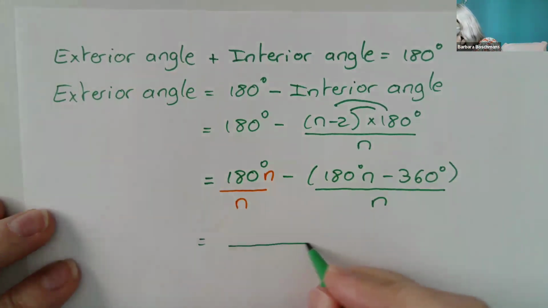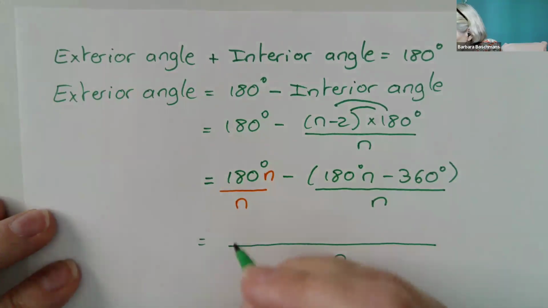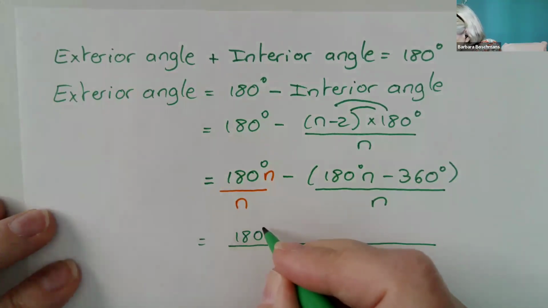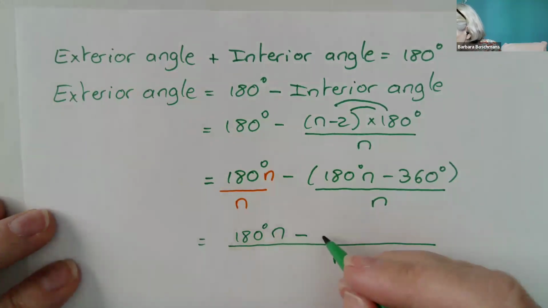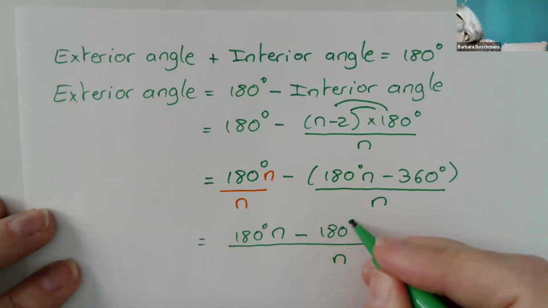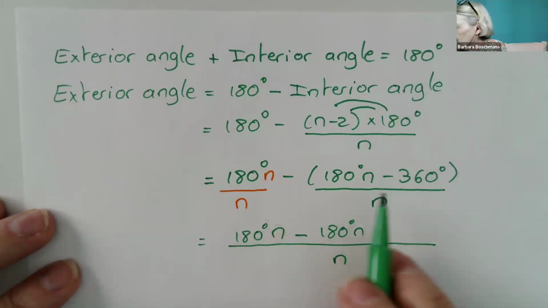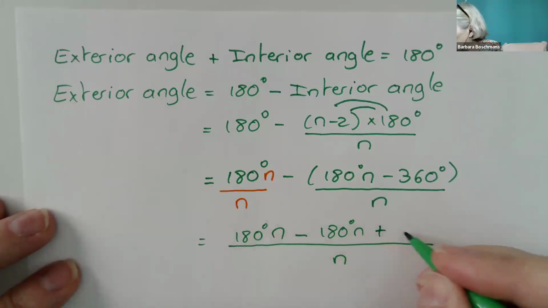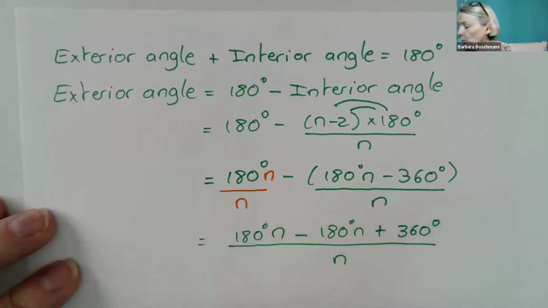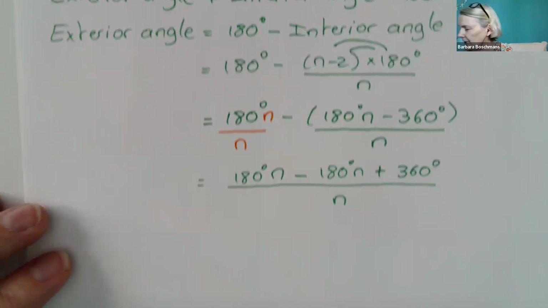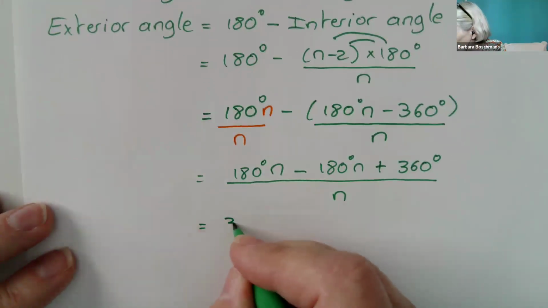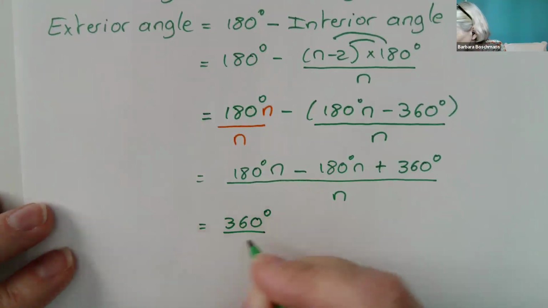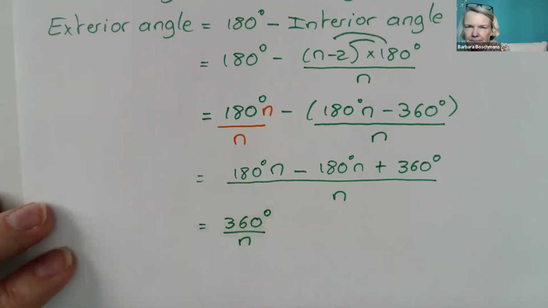And then we'll put it all over one common denominator of n. So I get 180 n minus 180 n, and minus a minus becomes a plus. 180 n minus 180 n is 0. And what I'm left with is 360 over n.